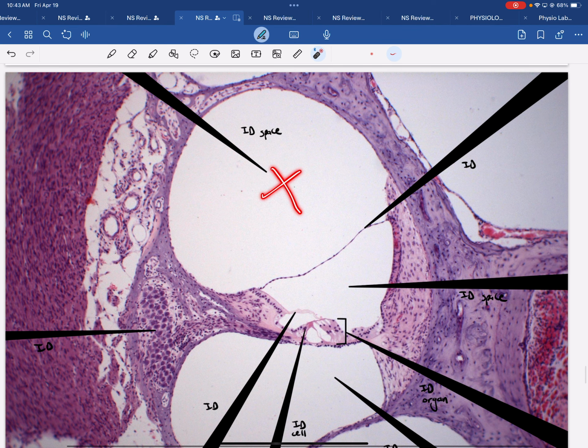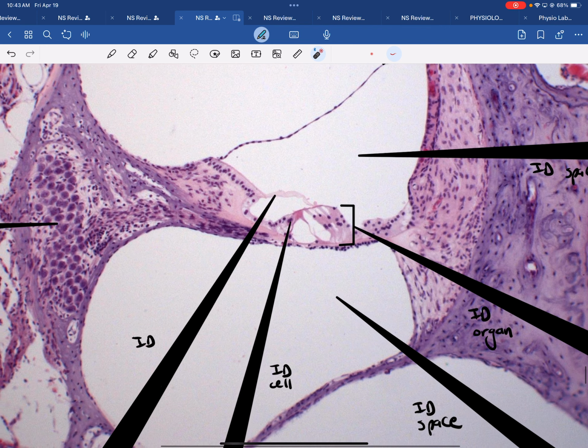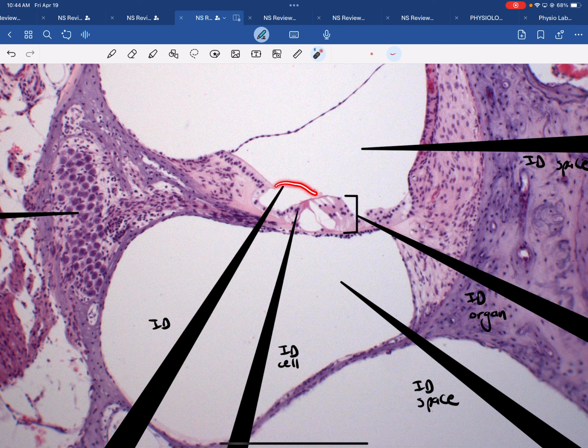Which space is this? Vestibular duct. Good, the vestibular duct. What about this one? The tympanic duct. Good. This one? Cochlear duct. Good. What is this? The vestibular membrane. Good. What about this?